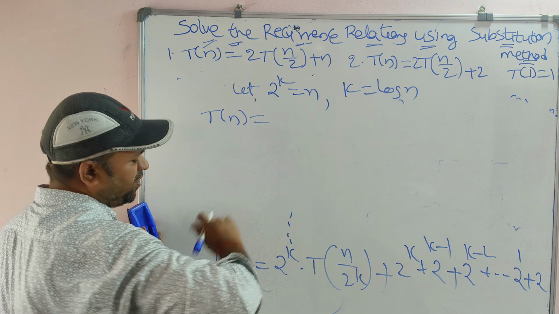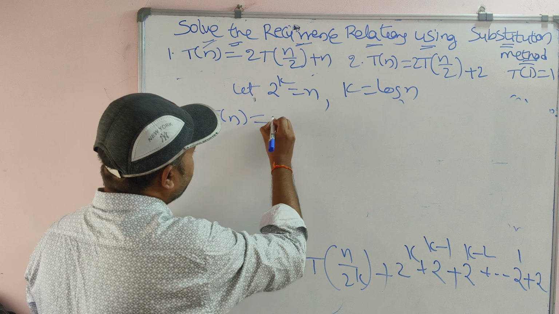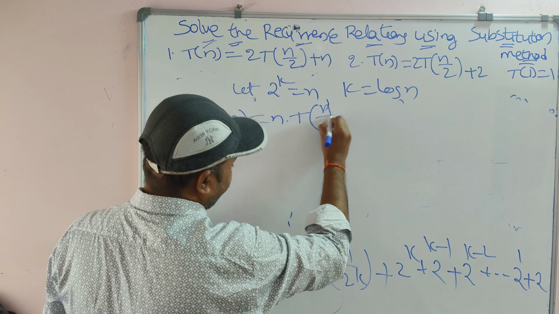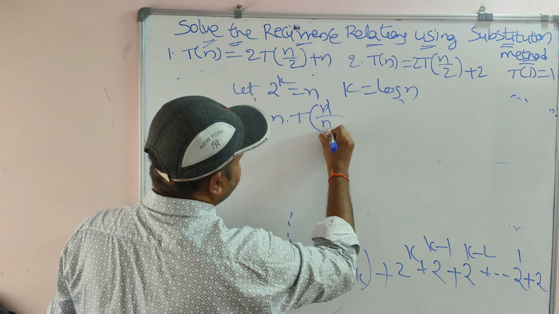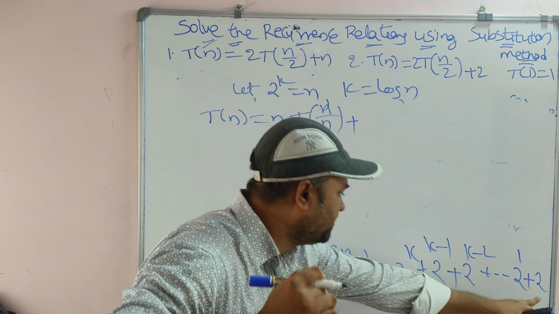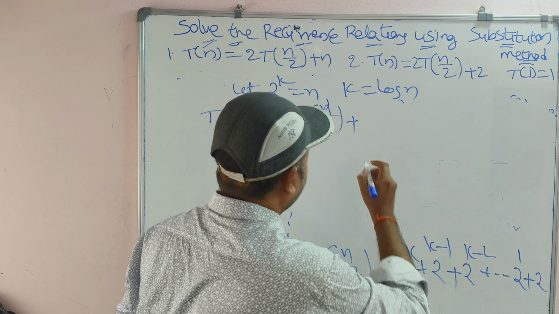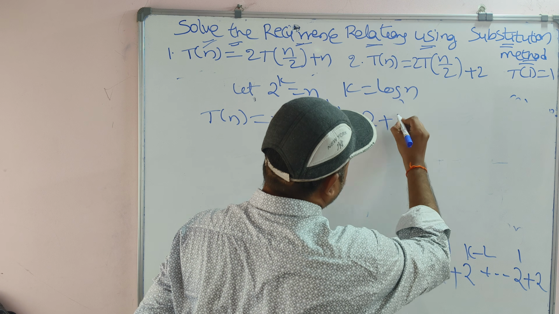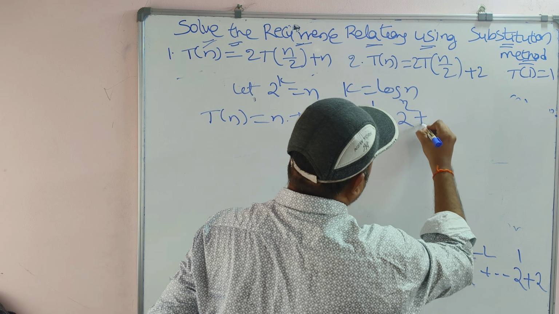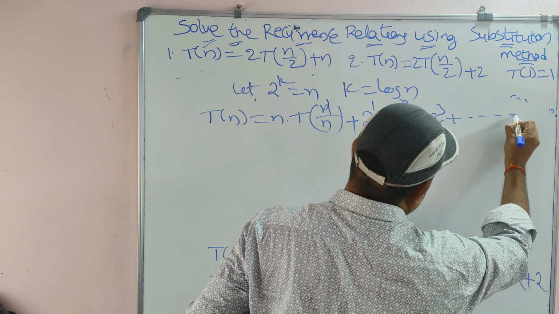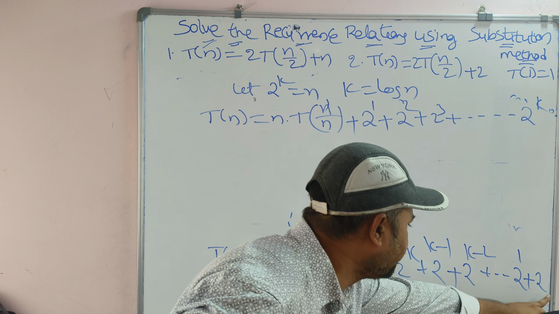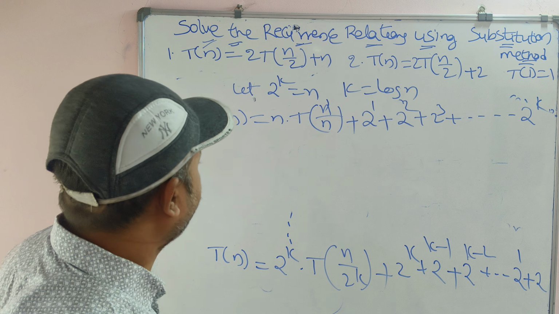Now let us derive the formula in terms of n. 2 power k means n, so n into T of n by 2 power k, that is n, plus, let us write from right to left, 2 plus, next 2 is nothing but 2 power 1 only, 2 power 2, 2 power 3, and so on. What is the last term? 2 power k. Instead of left to right, we are writing from right to left.